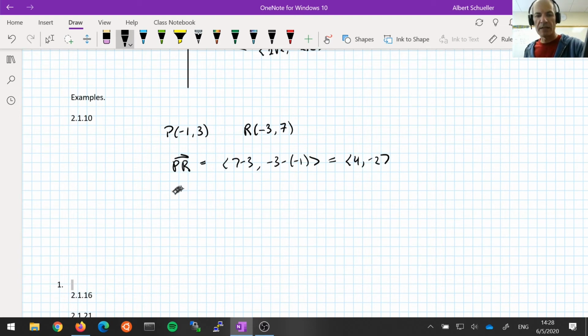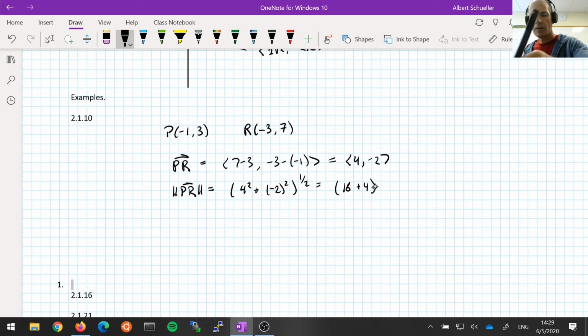How can we confirm that? Let's compute the magnitude of PR. We take 4 squared plus negative 2 squared, square root. That is 16 plus 4, square root. That is the square root of 20, aka 2 root 5.